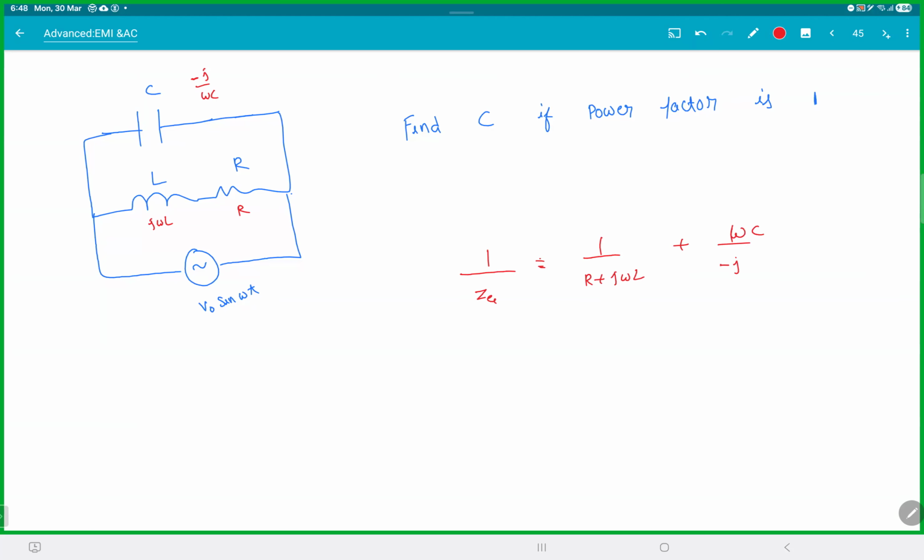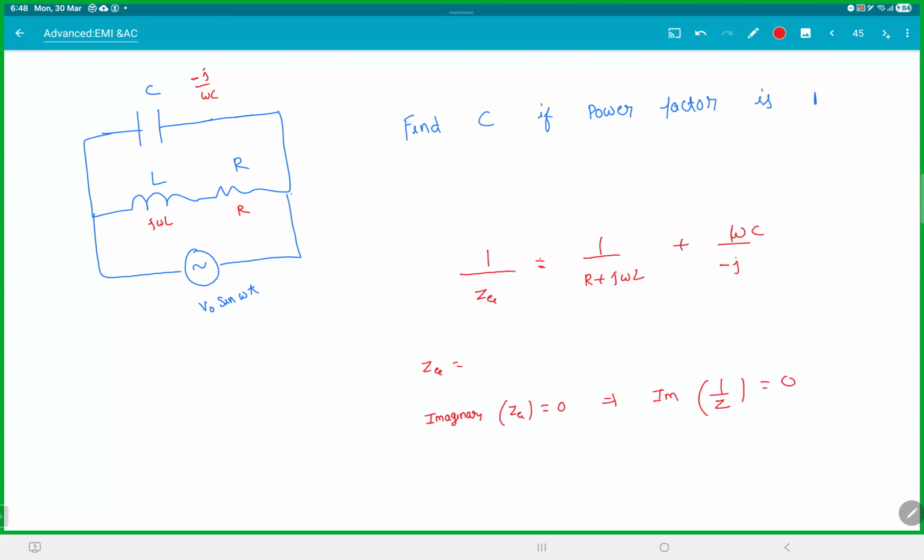Right? 1 by Z1 plus 1 by Z2. They're in parallel. You know how to do all this, right? You can simplify and get everything. Whatever Z equivalent we get here, the imaginary part of Z equivalent must be 0. But instead of doing all that, you can also argue like this: the imaginary part of 1 by Z is also 0.